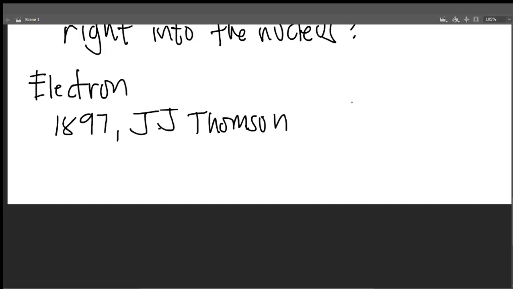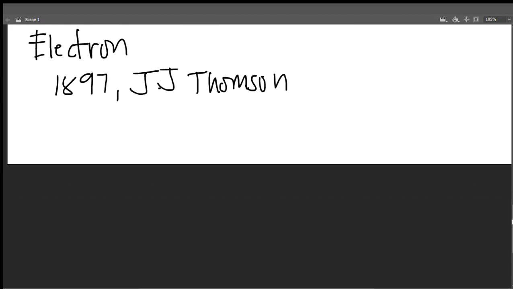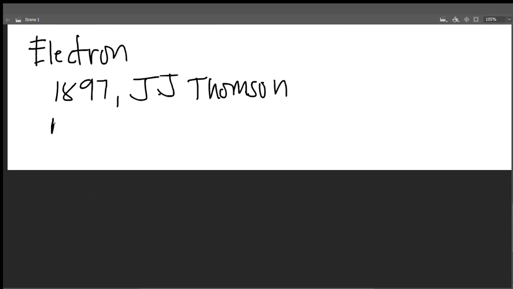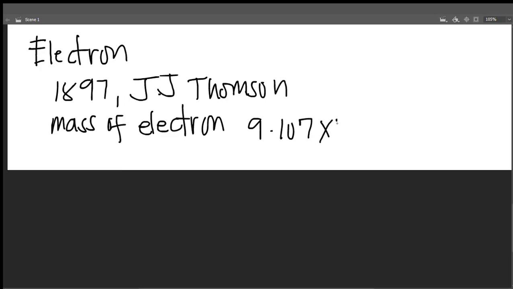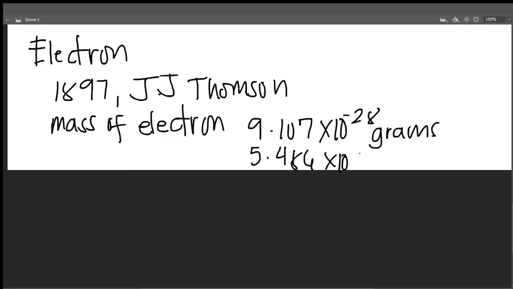He discovered that an electron has mass. So the mass of electron is equivalent to 9.107 times 10 raised to negative 28 grams, and its equivalent is 5.486 times 10 raised to the negative 4 power AMU.